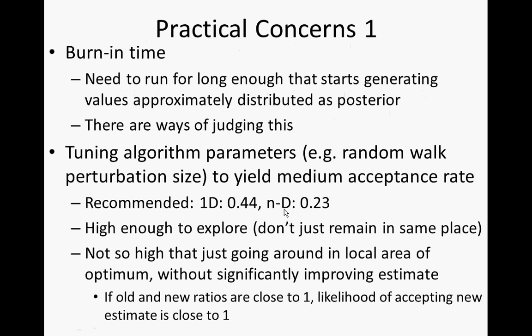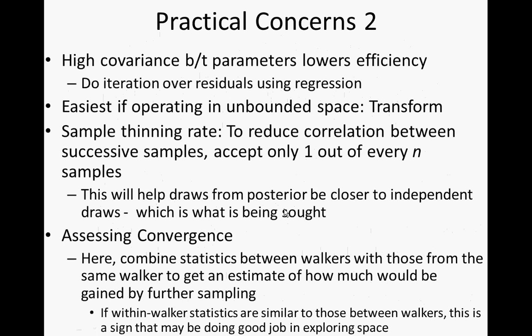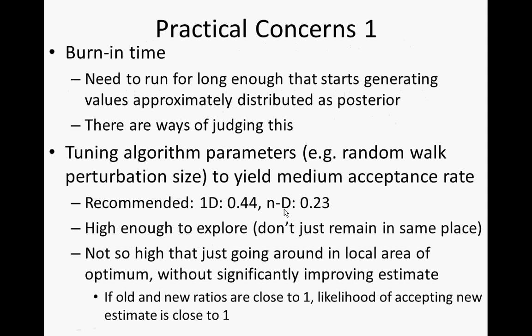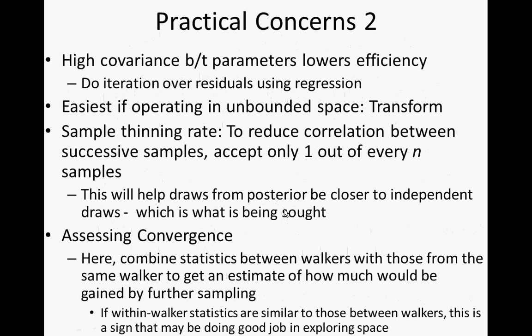Other practical concerns. Well, it turns out that the efficiency of the algorithm can be greatly adversely impacted by covariance in the posterior distribution associated with different parameters. If two parameters, for example, exhibit high covariance in the posterior distribution, essentially it may be walking a ridge in 2D space, and that's going to take a lot of rejections and so on to stick on that ridge.